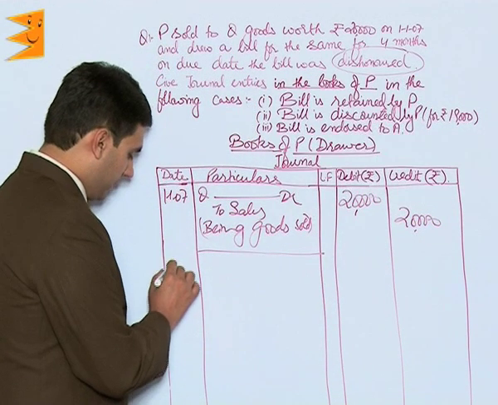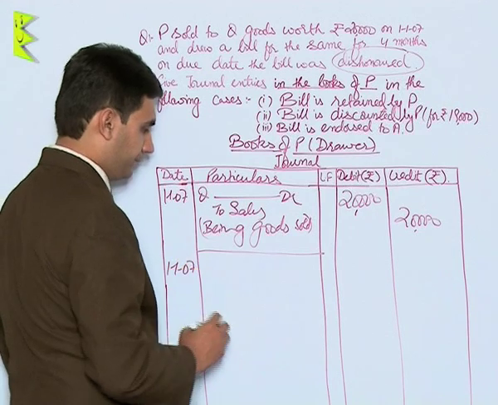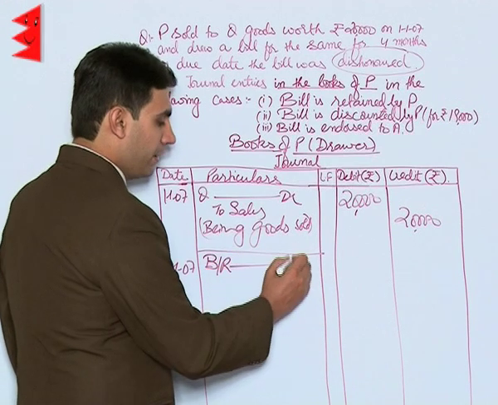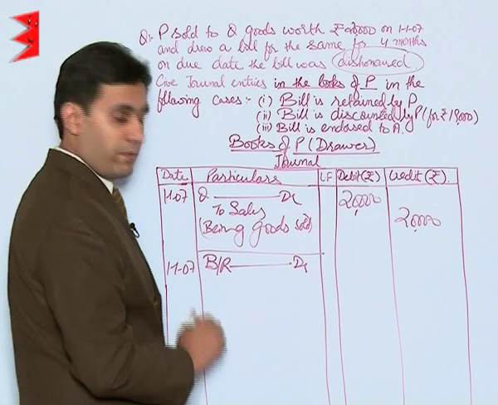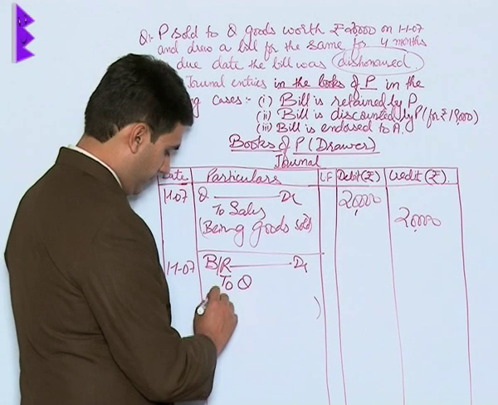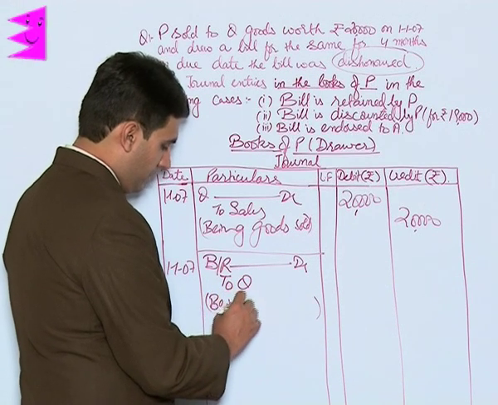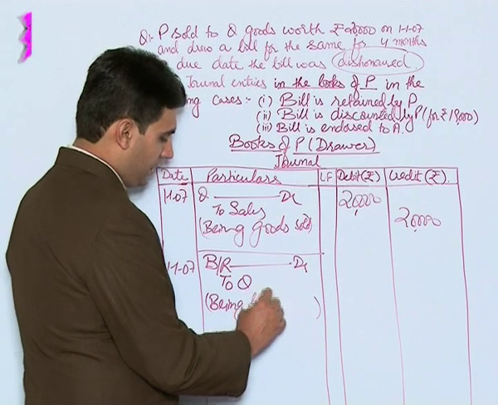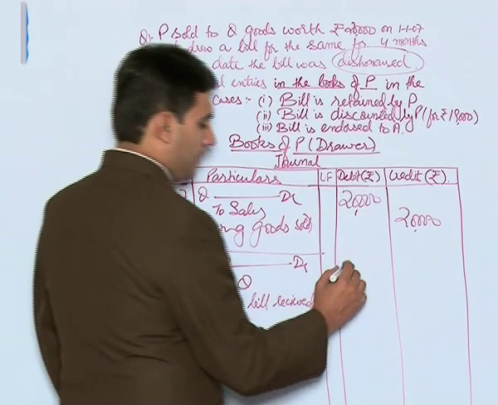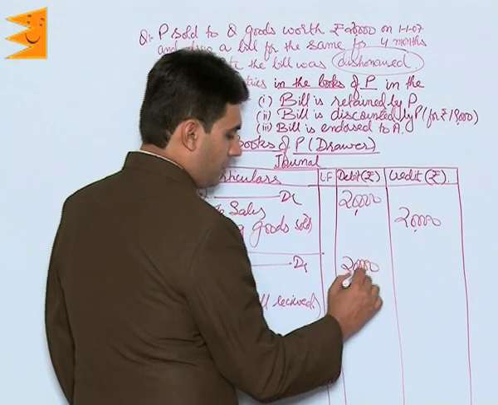On the very same date, that is on 1st January 2007, a bill was drawn. So BR here represents bills receivable. Bills receivable to Q, that is being bill received and the amount is 20,000.